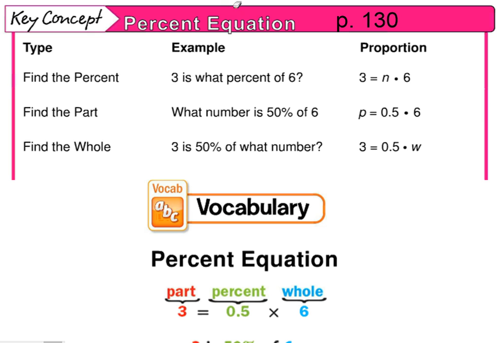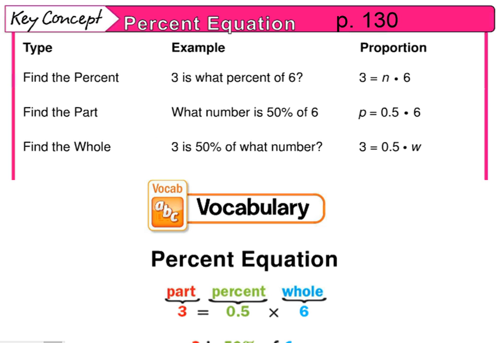Our key concept is the percent equation. This is found on page 130 in your books. There are 3 types of problems we will be solving today. One that asks you to find the percent, another that asks you to find the part, and the third type of problem asks you to find the whole.